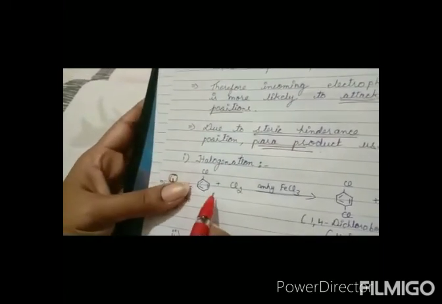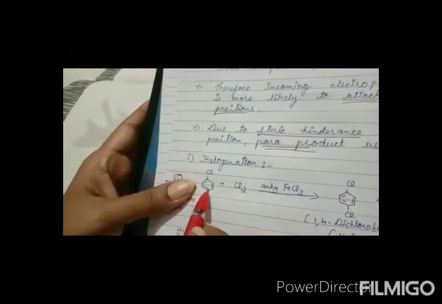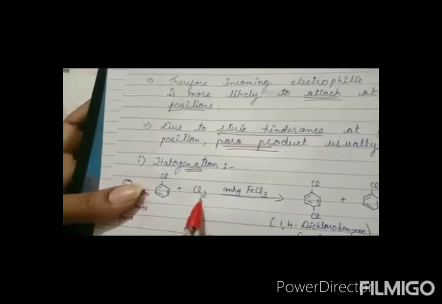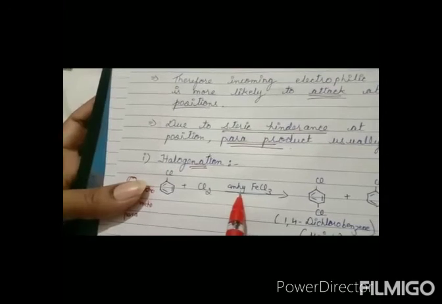See the first example over here. The chlorobenzene, we are seeing first the halogenation reaction in electrophilic substitution reaction. Now chlorobenzene, when it is made to react with the halogen in the presence of anhydrous FeCl3, we have the mixture of products, that is 1,4-dichlorobenzene, the substitution at the para position, and 1,2-dichlorobenzene, the substitution at the ortho position.